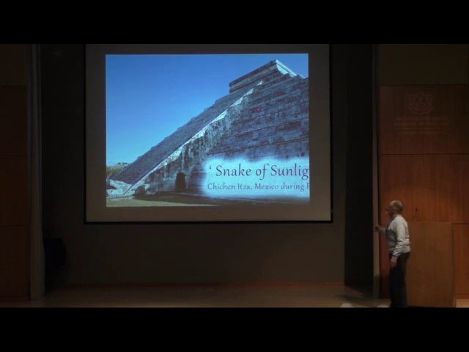In this particular pyramid, you see the snake here, and that of course is Quetzalcoatl, and you see the shadow and light of it, which represents the snake. That only happens twice a year at the equinox, okay? The point is, it gives you the accuracy that these people had, not only astronomically, but also in transmitting this into architecture, okay?